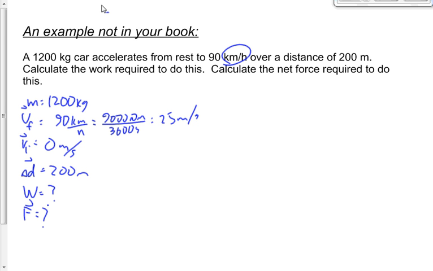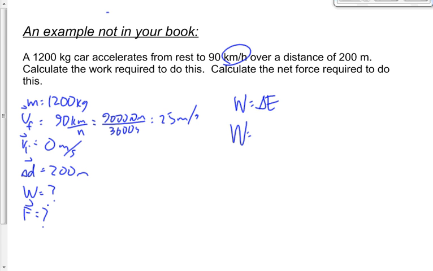Work is equal to F times D, but it's also equal to what? The change in energy. That's the work energy theorem that we briefly addressed on Thursday, and then we talked about just a minute ago in a review as well. The work energy theorem: W is equal to delta E, the final minus the initial. What kind of energy do we have at the end of this problem?